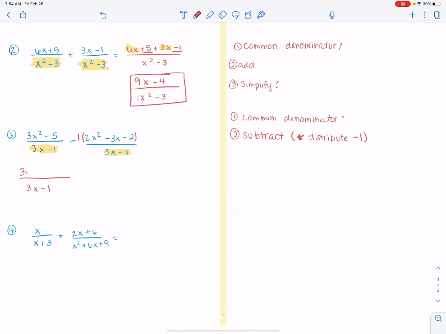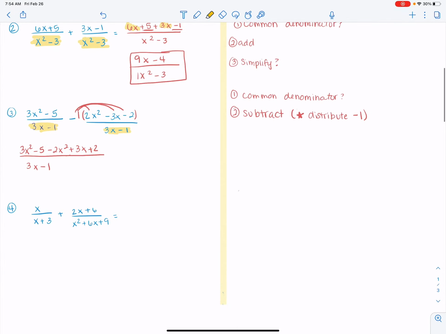I have 3x squared minus 5 minus 2x squared plus 3x plus 2. So if you have a minus sign, you need to make everything on that next part minus. Now we can combine like terms. So I have a 3x squared minus a 2x squared, which leaves me with a 1x squared or just x squared.